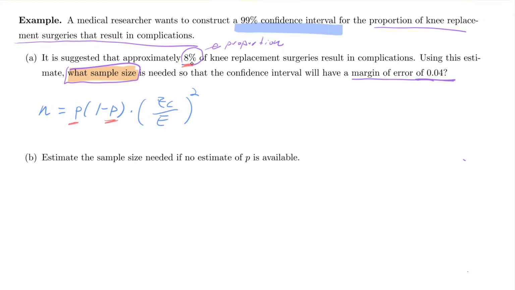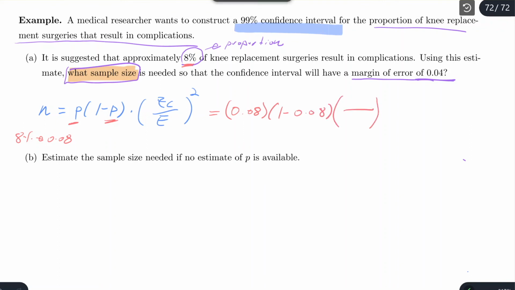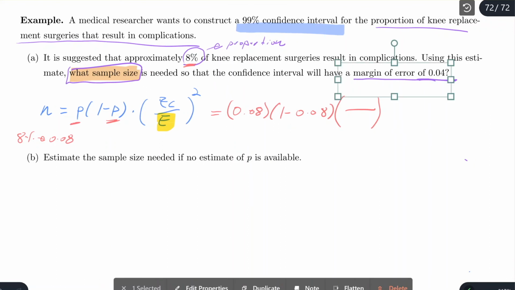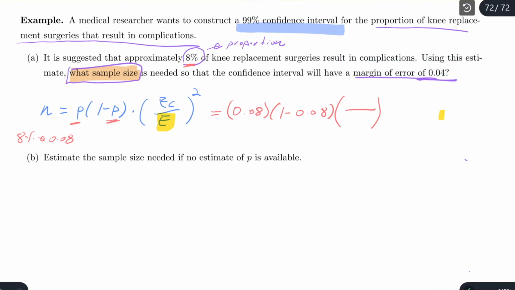So we use 8%. 8% is equal to 0.08. So we plug this value in, 0.08 times 1 minus 0.08. And the margin of error is given right here.